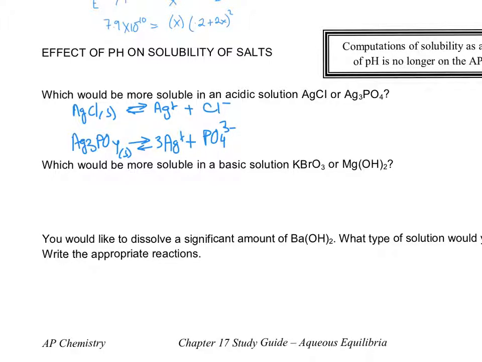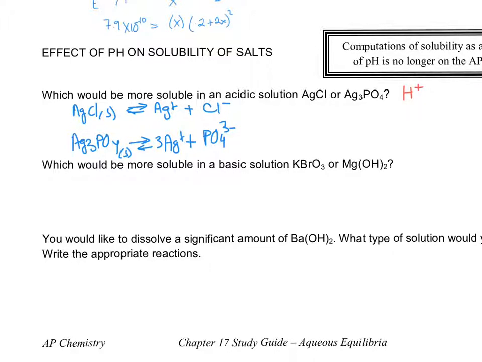All right, well, let's see what would happen if we dissolve these in an acidic solution instead of just pure water. Well, an acidic solution means that I'm adding H+. I have extra H+ added.